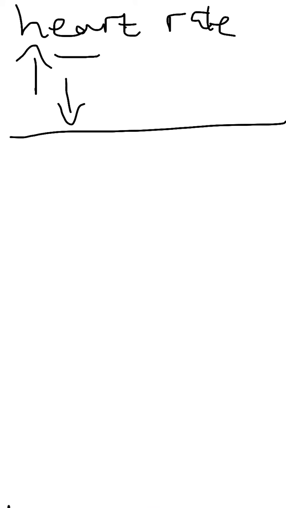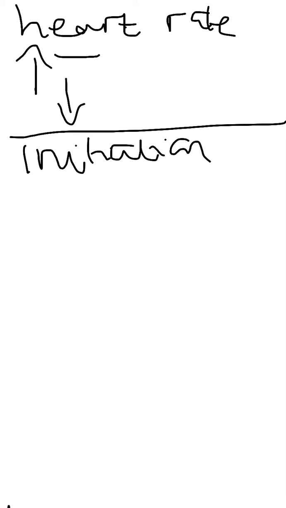Second descriptor is initiation, initiation of the impulse. Initiation of the impulse is normally from the SA node. This could be abnormal in that you have several more impulses happening, and this is because of supraventricular activity.